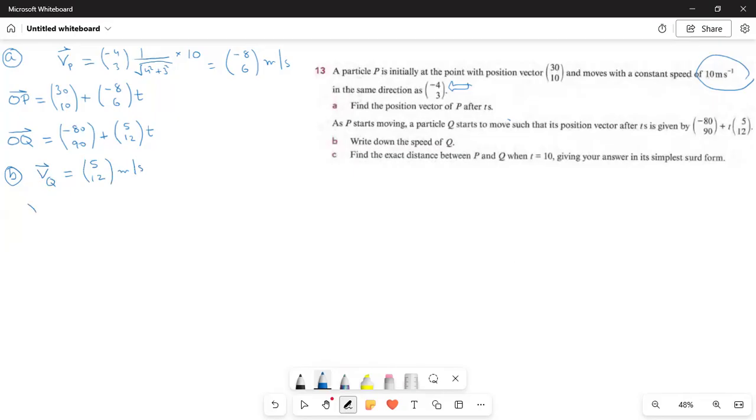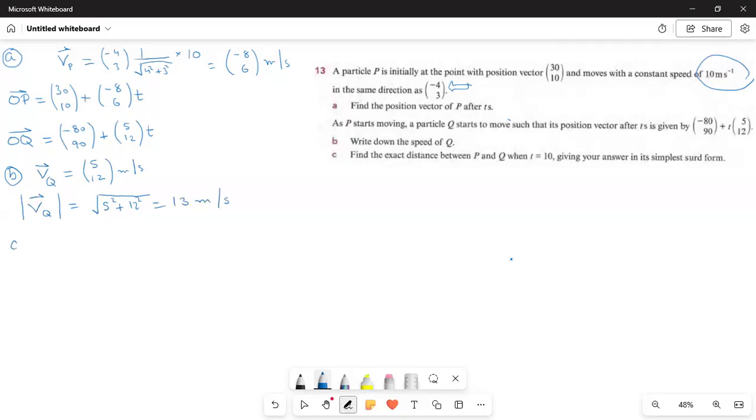But we need to find out its speed. So for the VQ vector, I want to find its magnitude, which is the speed. So it is going to be the square root of 5 squared plus 12 squared, and that will give us 13 meters per second.